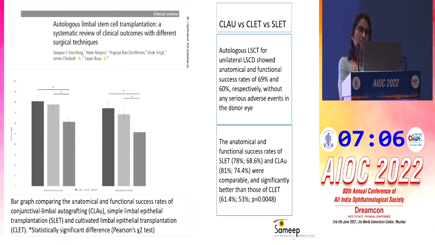The anatomical and functional success rates of SLET, that is simple limbal epithelial transplantation, were 78% and 68.6%, and conjunctival limbal autologous transplant was 81% and 74.4%. They were comparable and significantly better than those of CLET, which was a little lower, as you can see here in this bar diagram as well.